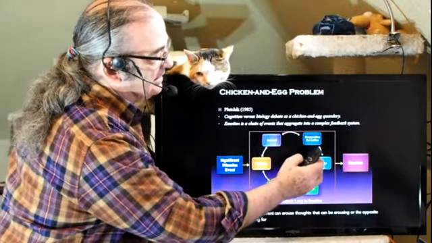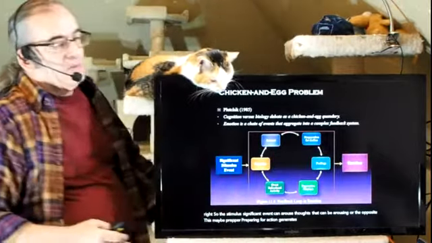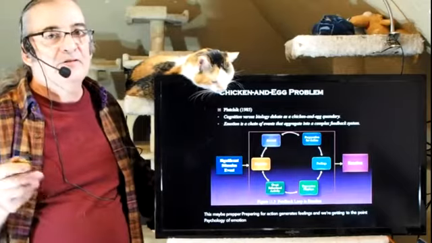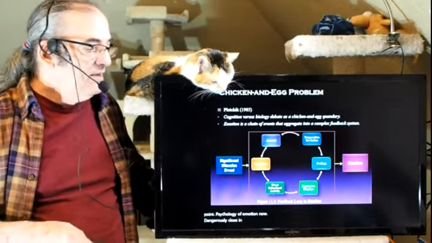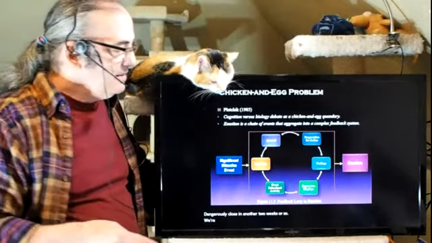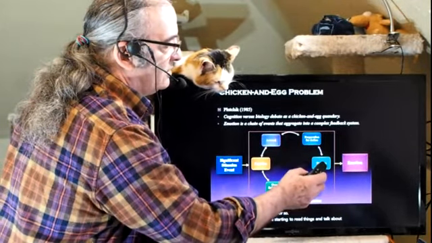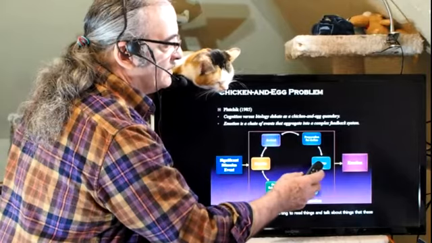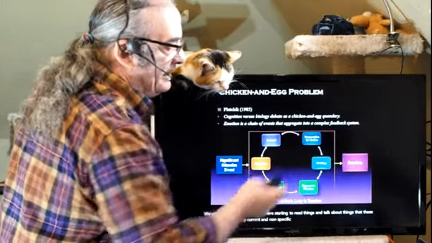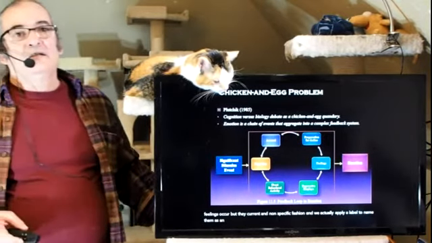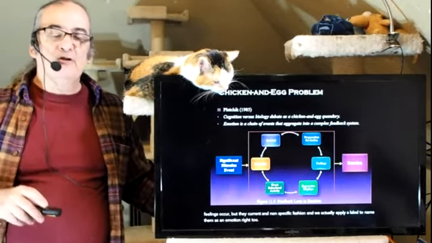It generates feelings, and we're getting to the point in the psychology of emotion now, dangerously close, in another two weeks or so, where we're going to suggest that these feelings occur in a non-specific fashion, and we actually apply a label to name them as an emotion to reduce our uncertainty.